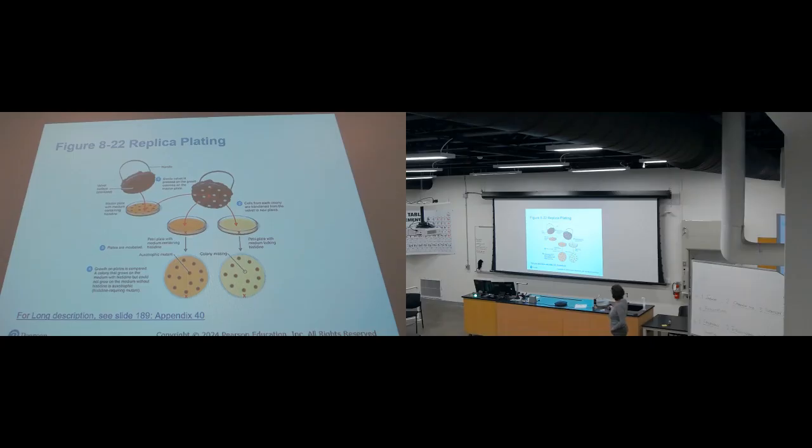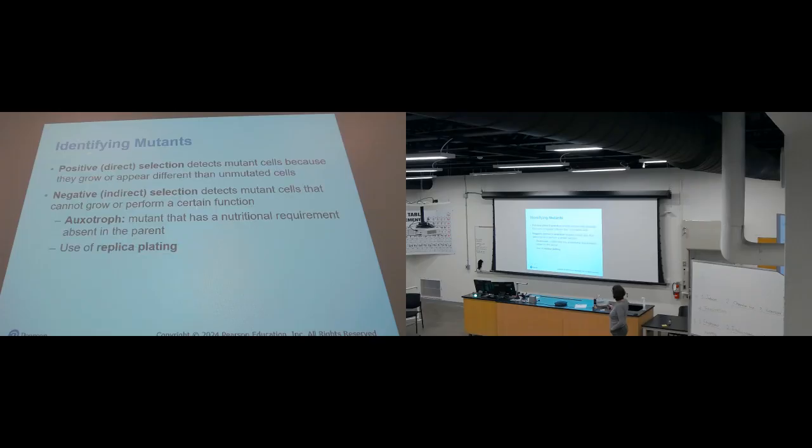So you can do replica plating in both, and positive selection will be selecting for these ones that look different. And then the negative will be for the ones that actually do not grow.